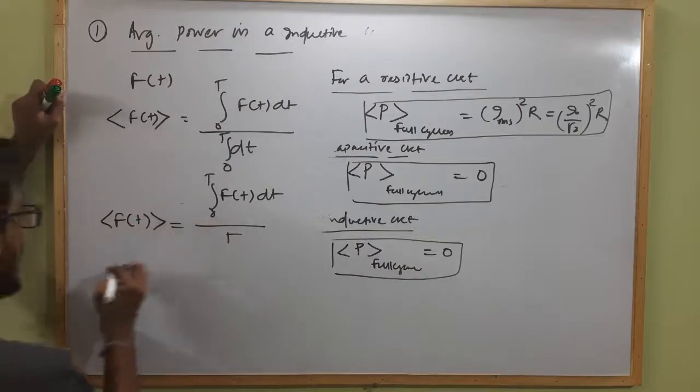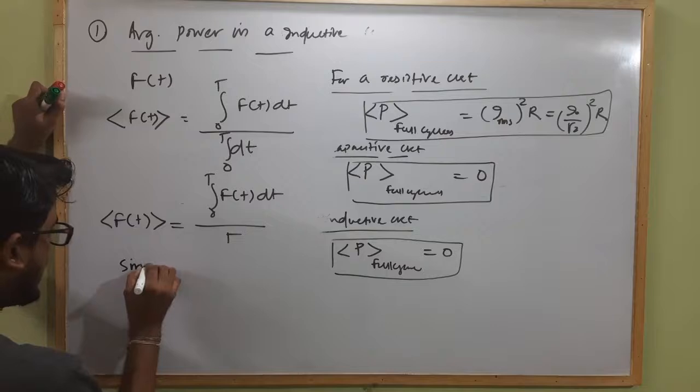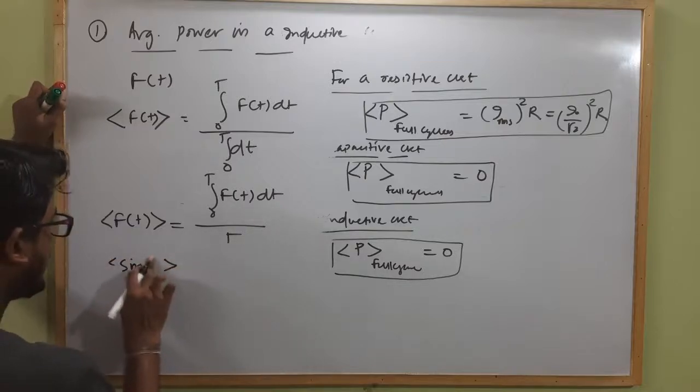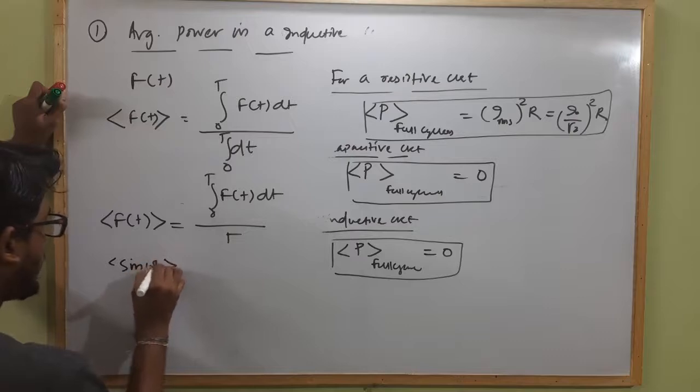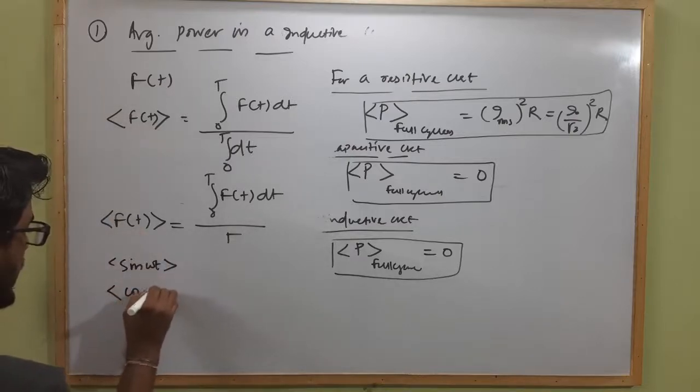So here we can write the average value of sin theta, or simply, if theta is a function of time, that is sin omega t, or the average value of cos omega t.